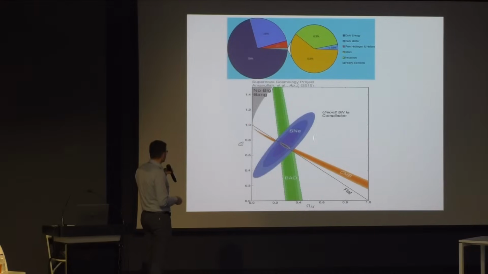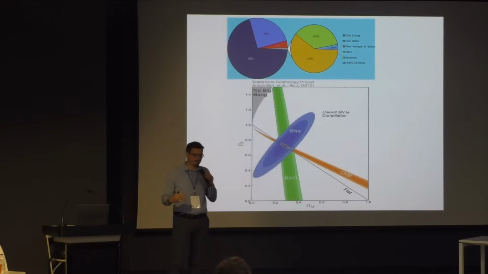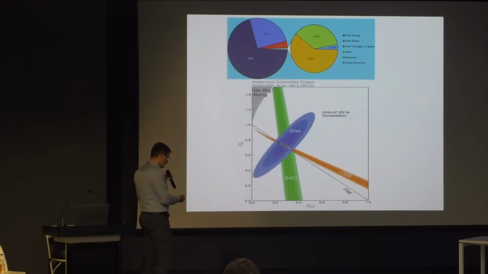All these scenarios intersect in this area, which has the parameters omega lambda and omega m. Omega lambda is the ratio between the density of dark energy and the critical density. Omega m is the ratio between the density of matter, baryonic matter plus dark matter, and the critical density. So we have about 30% dark matter plus baryonic matter, and around 70%, or 0.7, for omega lambda, for dark energy.